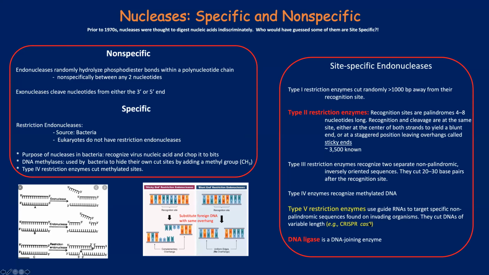A good example of a type 5 is CRISPR-Cas9. CRISPR-Cas9 is a non-specific endonuclease, but it cuts at a site that it's guided to by the guide RNA. I'll review this briefly a little later when we talk about CRISPR.